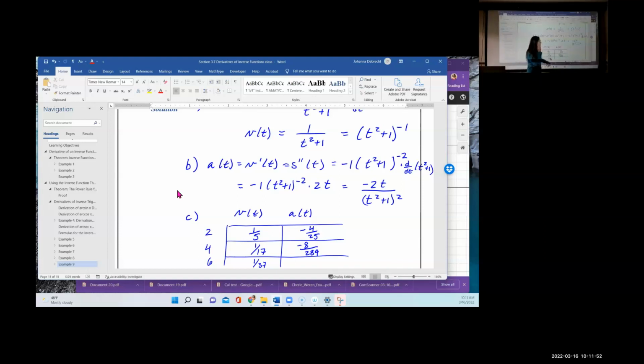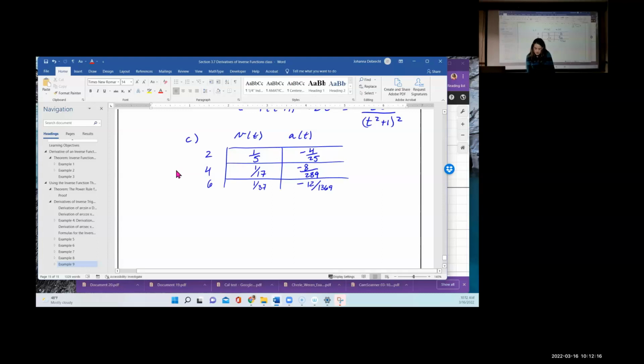And when I plug 6 into the acceleration, I've got -12 over 37 squared, which turns out to be -12 over 1,369. Okay, so here's my v of t and my a of t.